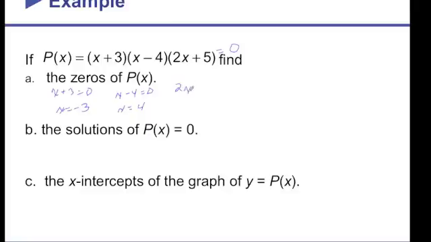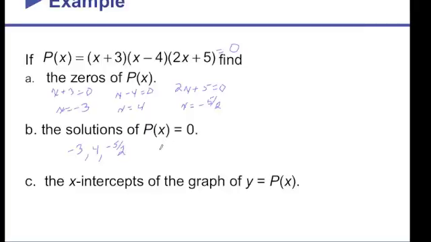And 2x plus 5 equals 0, so x would equal negative 5 halves. Those are the zeros. The solutions then are negative 3, 4, and negative 5 halves.